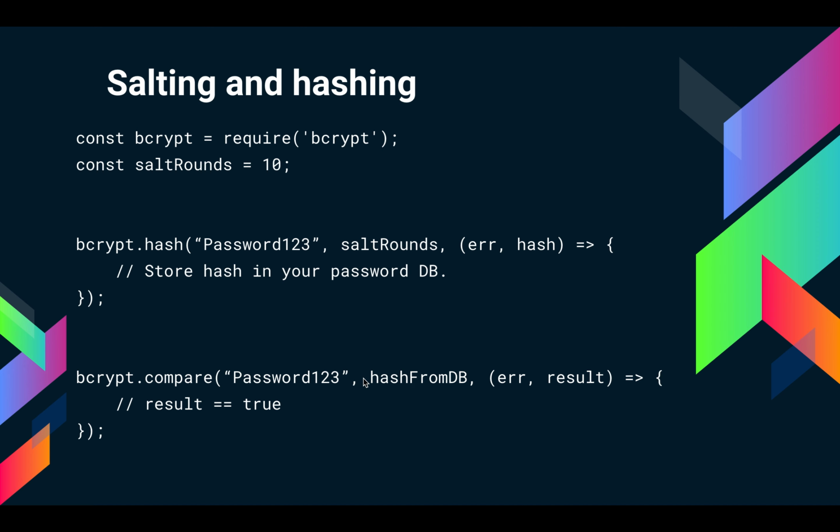It won't actually be the same, but Bcrypt is going to run this through a hashing algorithm and a sort of unhashing algorithm, and if the results are the same, then we can say, okay, good, you've logged in, you've typed in the password correctly.